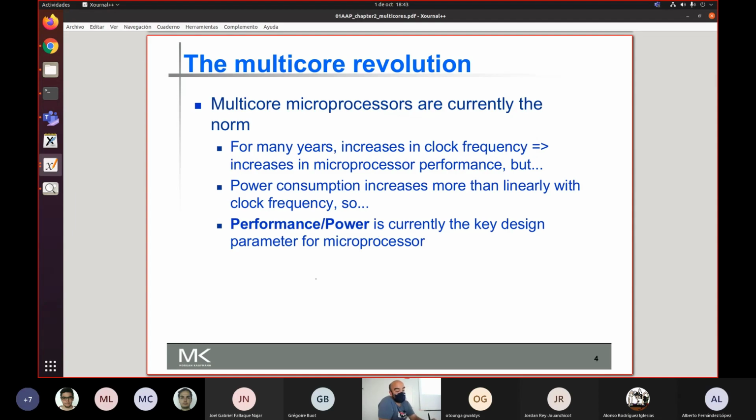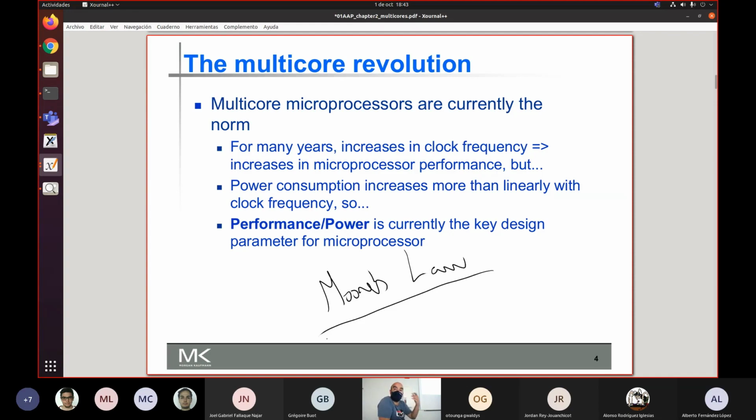And if you remember, there was also a pushing element, which was Moore's law. Gordon Moore was one of the founders of Intel, and he predicted the evolution of the integration technology that we have just mentioned.